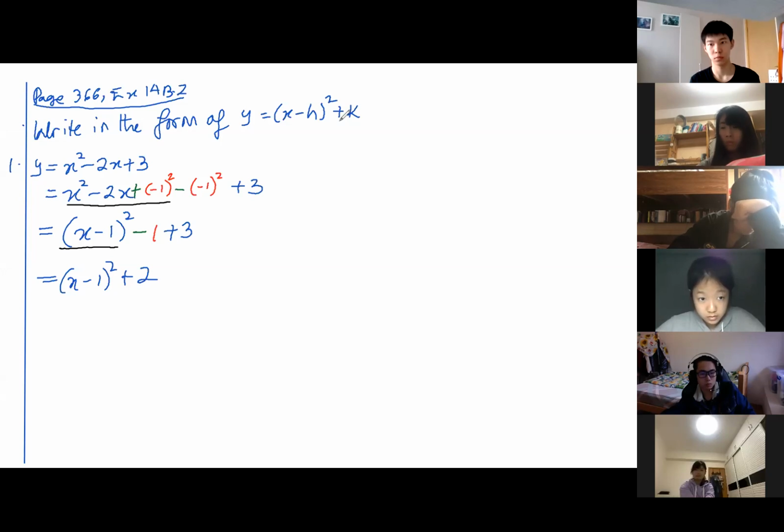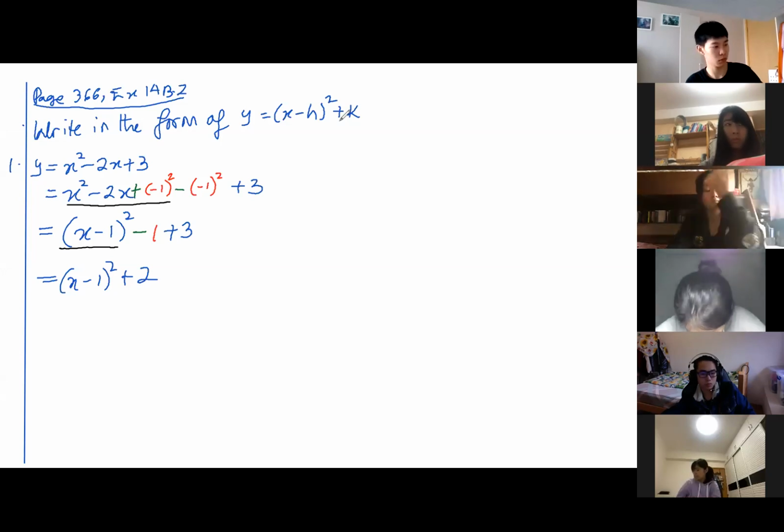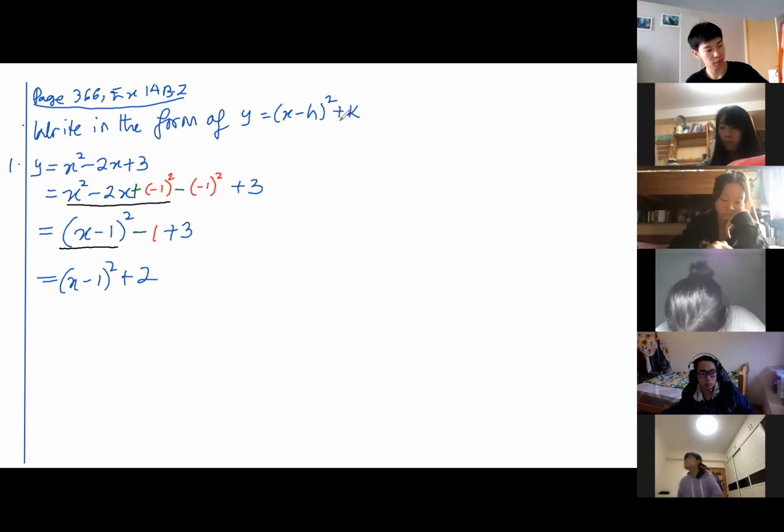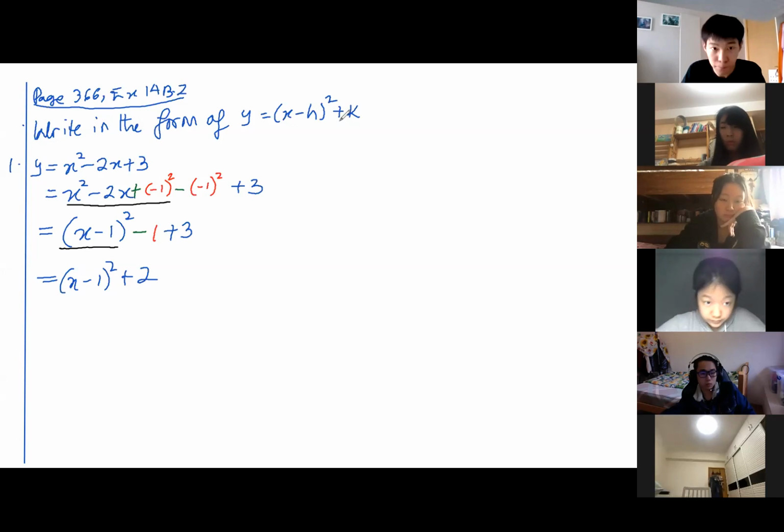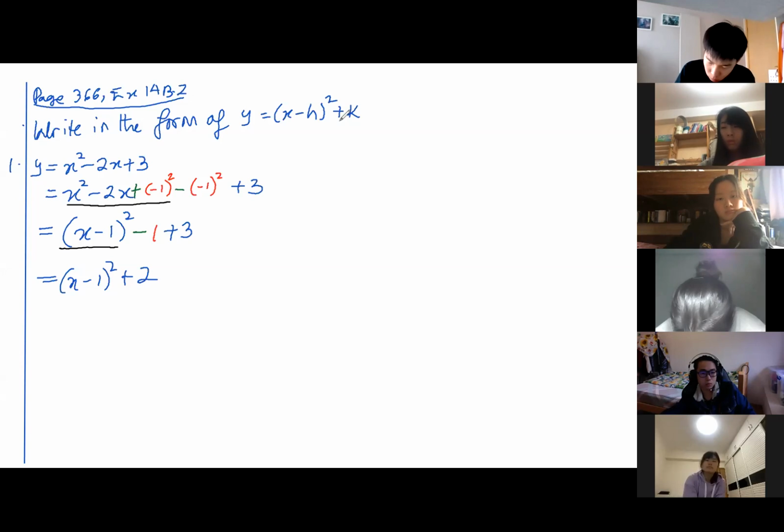Okay, and the next question says, after we put it in the form, sketch the function. This only tells you at the turning point x is 1 and the minimum value is 2. It doesn't say anything about the intercept. So we need to find the y-intercept, which is when x is equal to 0.